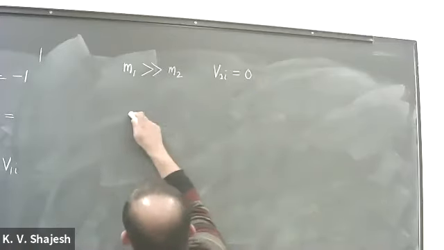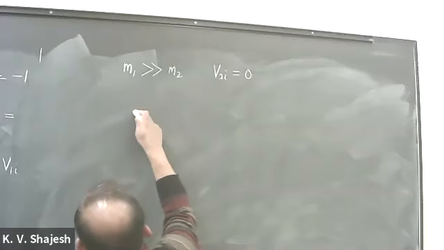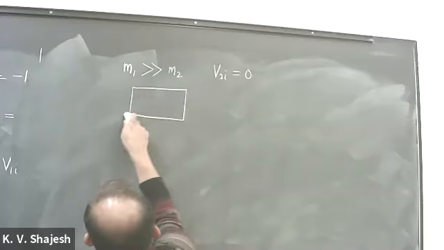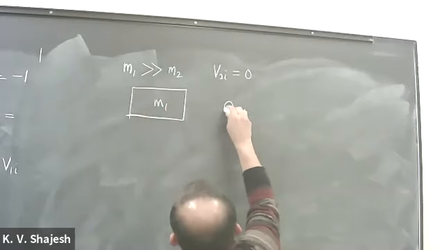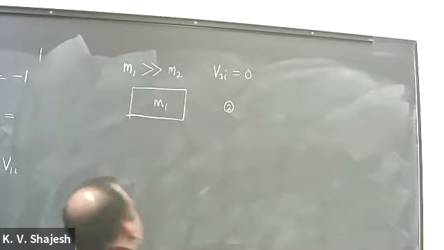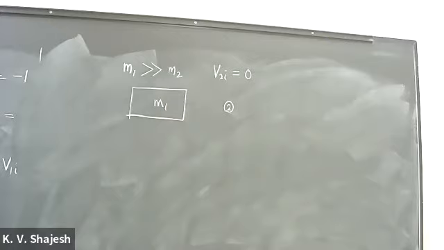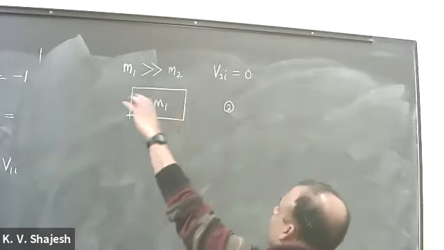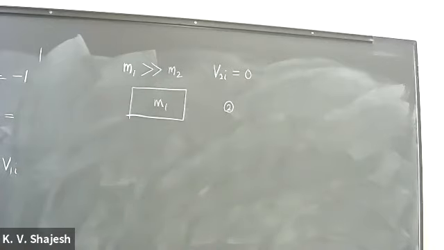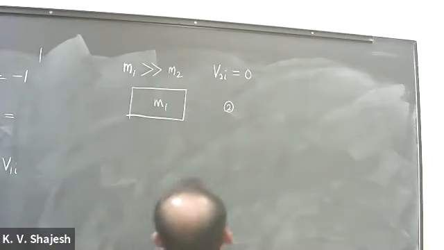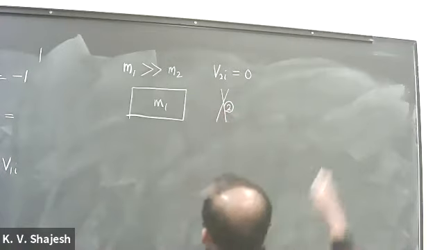You could have a huge M1 coming and hitting M2, which is really small, like a tennis ball, so that we can approximate it to be an elastic collision. If there was a car coming at high speed and a tennis ball just sitting there, what will be the velocities of the tennis ball and the car after collision?